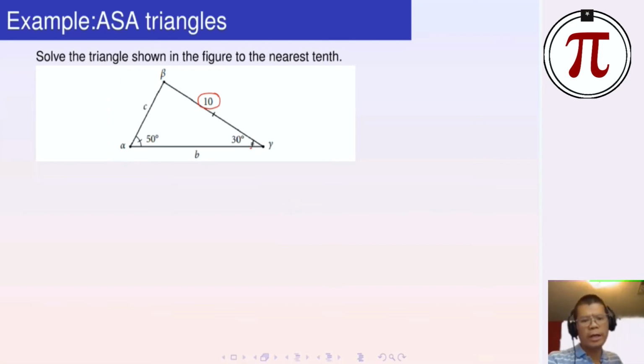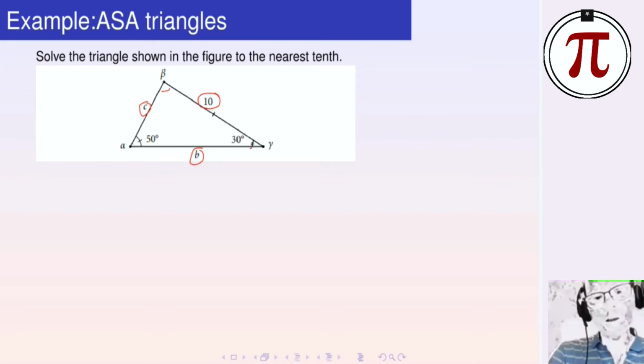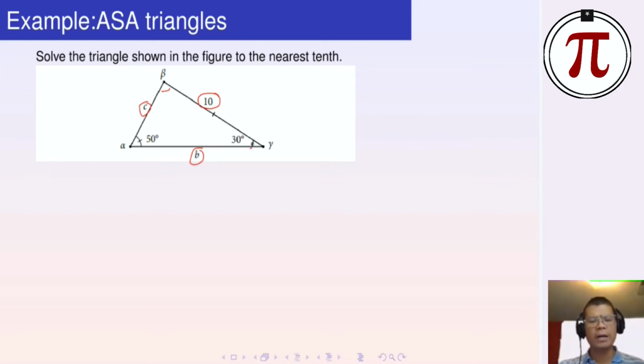By solving this one, what do we mean? We want to find out the angle beta, which is not given. So C is unknown, B is unknown. We want to find these values. Firstly, it's easy to find the value for beta.